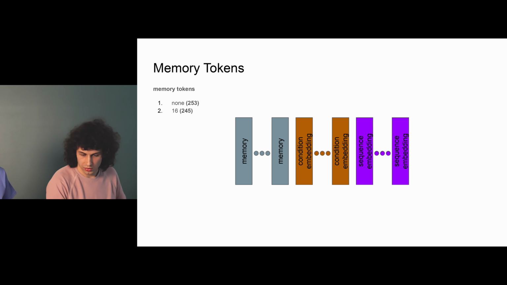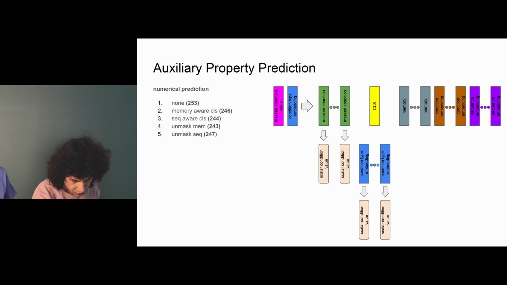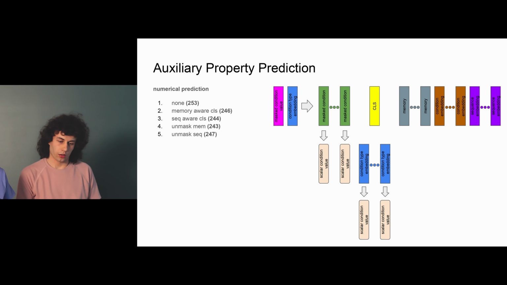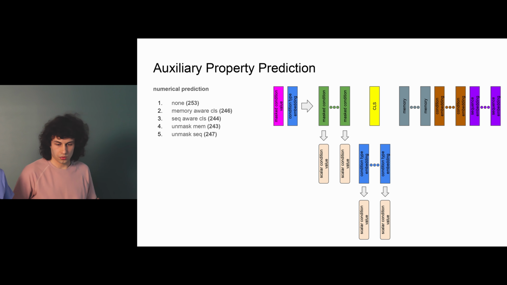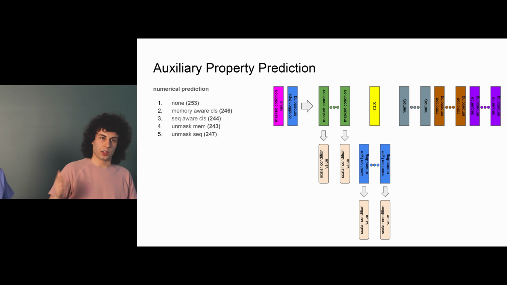So we just appended them to the beginning before the conditions. And finally, we used these different additional tokens for auxiliary predictive tasks of the conditions which are used for the conditional generation.